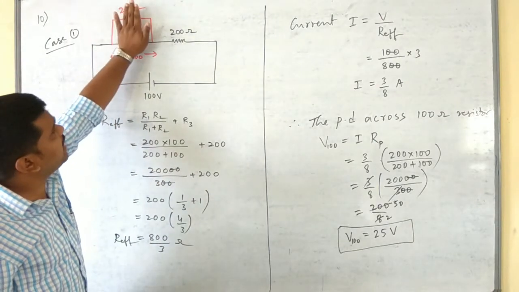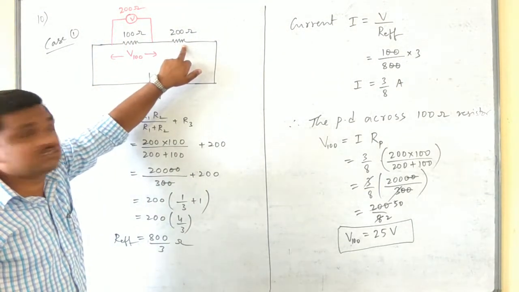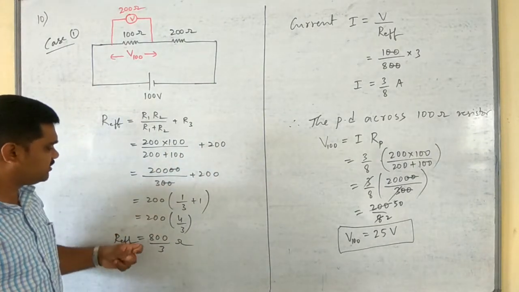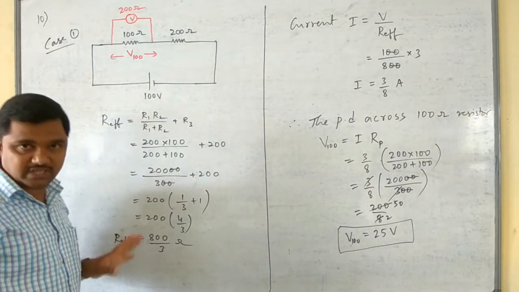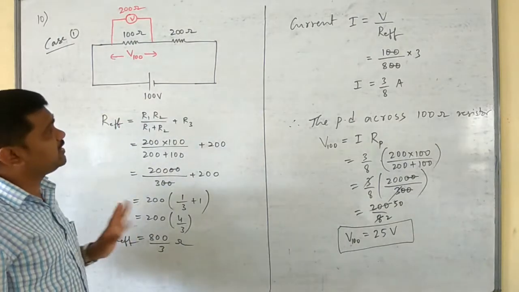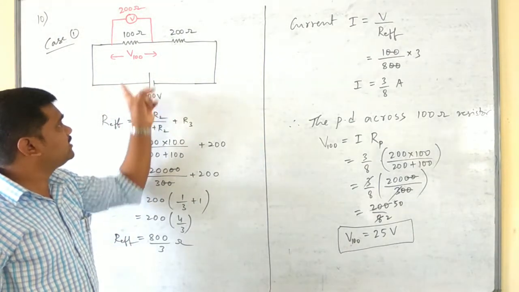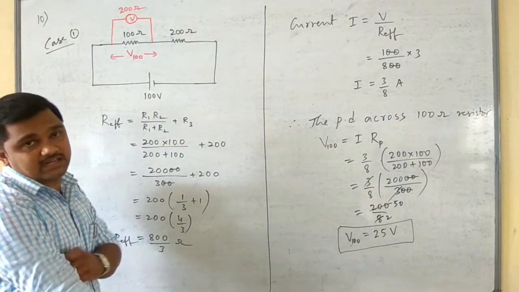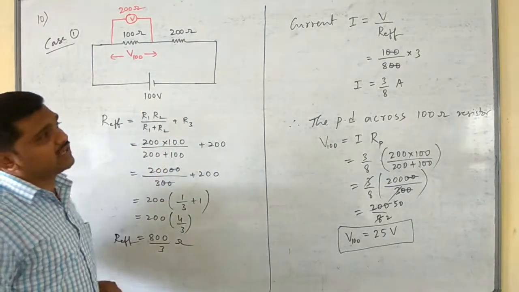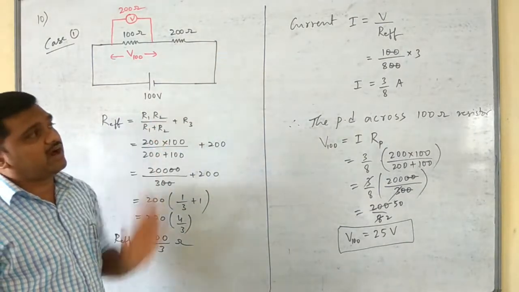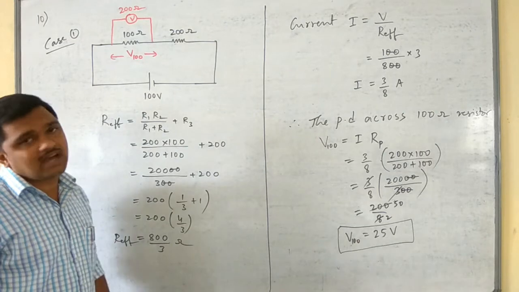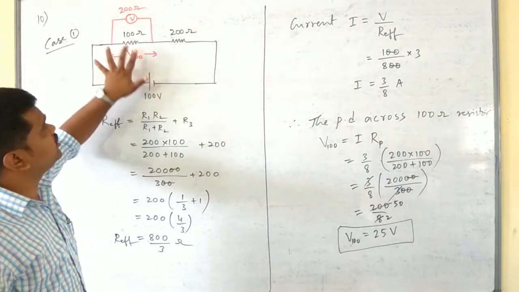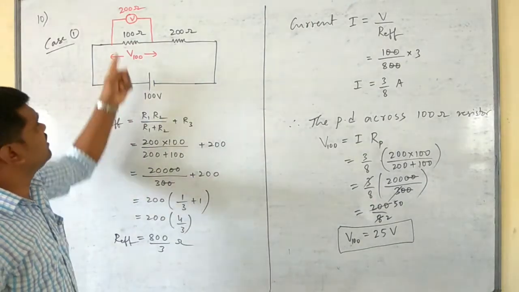Next, this parallel combination is in series with this 200 ohm, therefore plus 200. On simplification, we get 800 divided by 3. Using this R effective and the EMF of the cell, we can find the current flowing through the circuit, V divided by R effective, which on solving gives 3 by 8 amps.